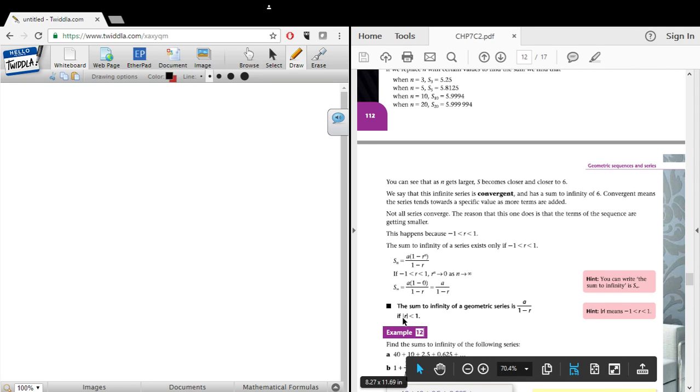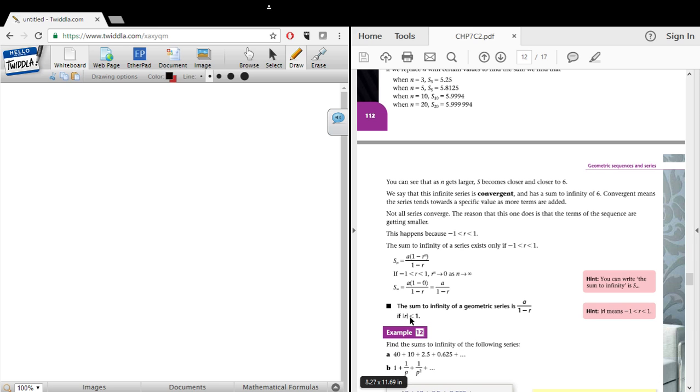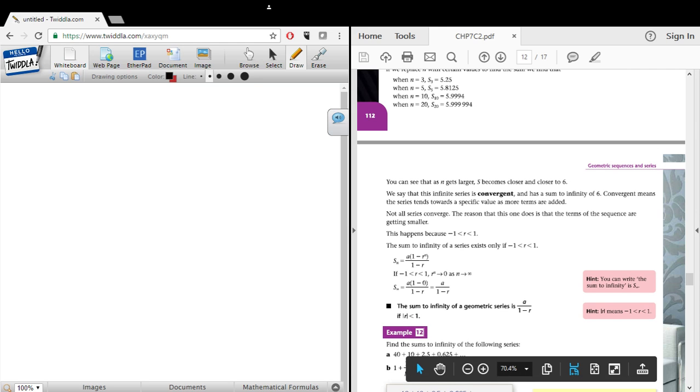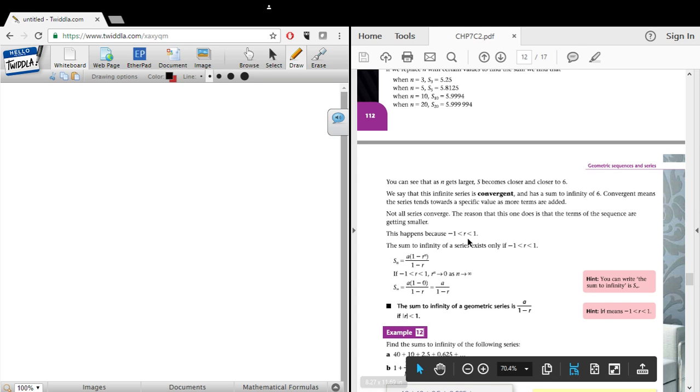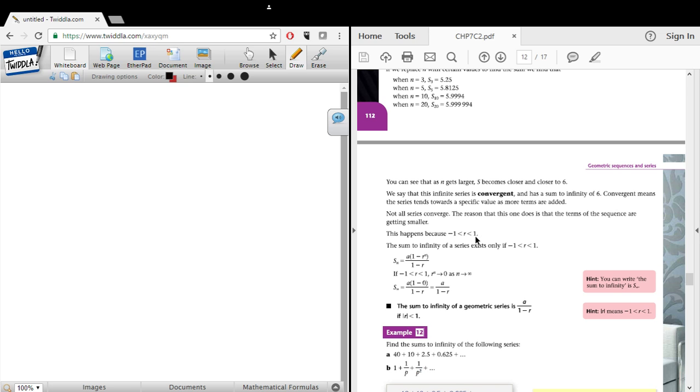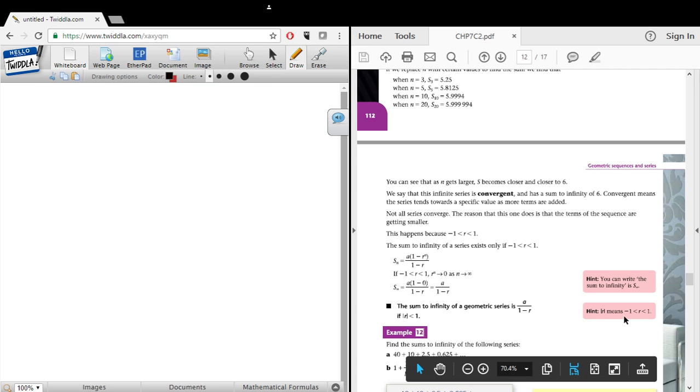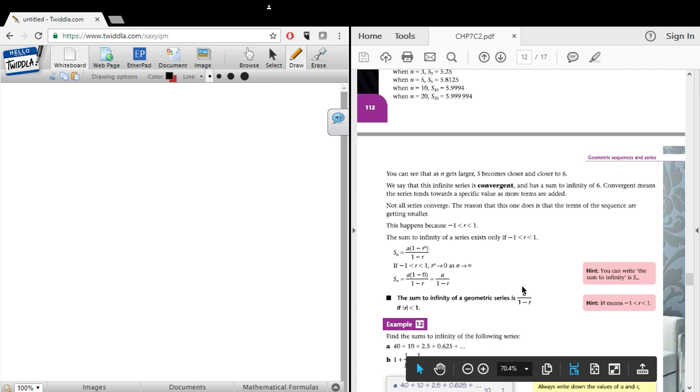With this rule, if r, the ratio, is less than 1, and this absolute term, or the modulus here, okay, represents r between -1 and 1. Okay, so this r here represents between 1 and -1. Essentially, it's identical to this particular inequality here, and the hint is also referred to here.